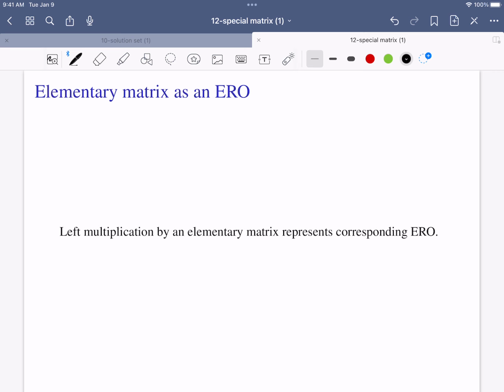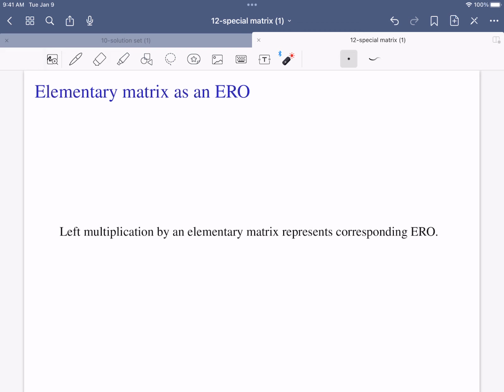Now we're going to give you one interesting fact. This explains why elementary matrices are important. Left multiplication by an elementary matrix represents the corresponding ERO. What does it mean? Before, when we introduced EROs, we did some manipulation of matrices by doing row operations, but we didn't know what happens in terms of matrix computation.